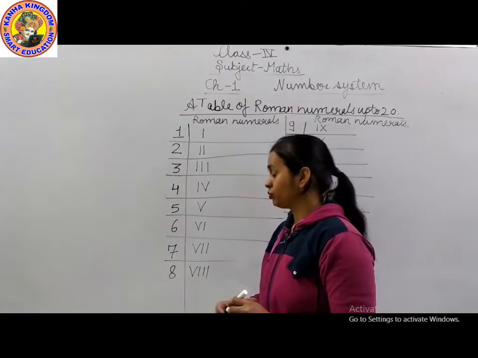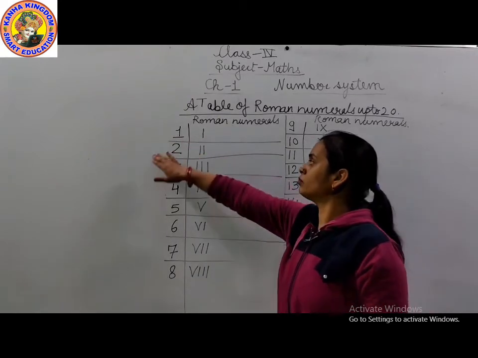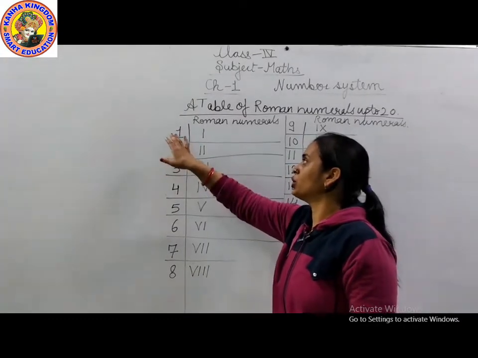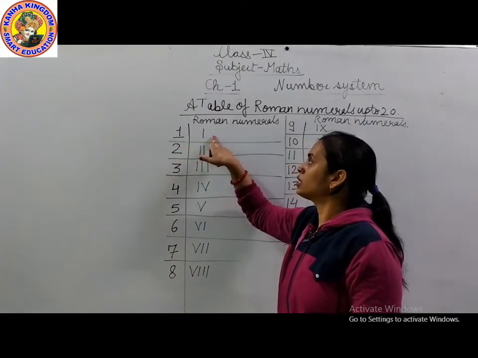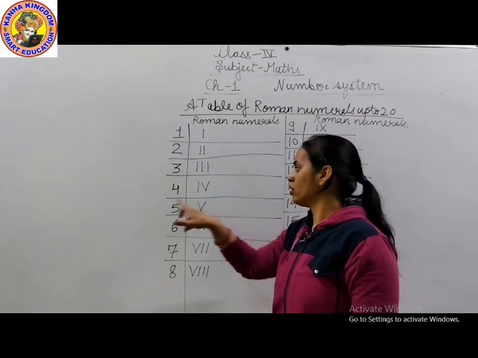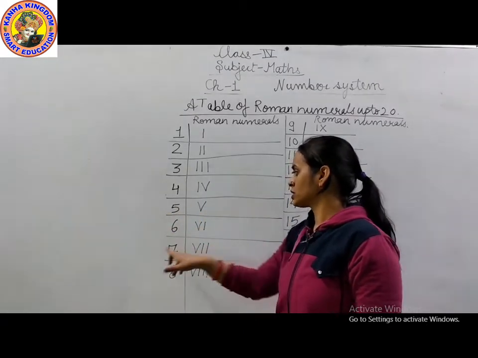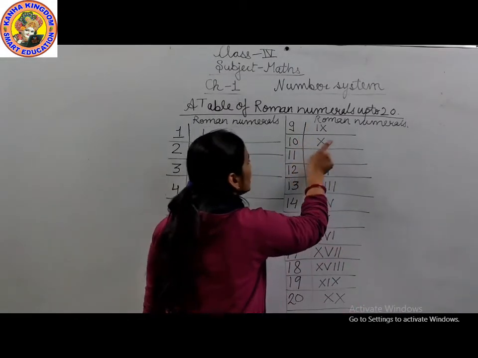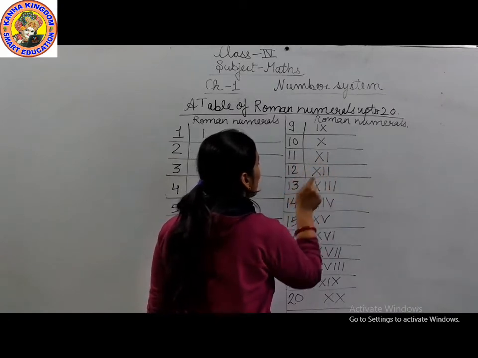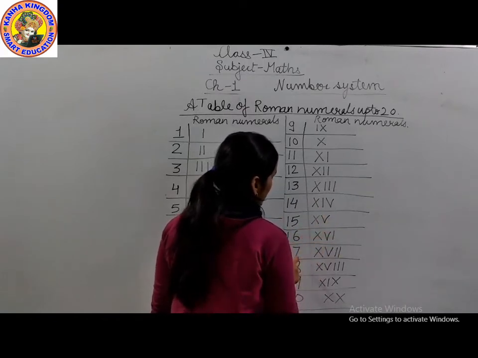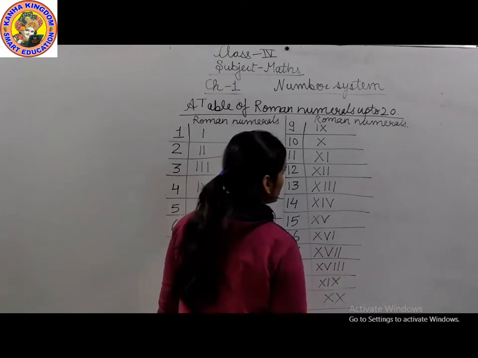Okay? So we write the numbers and in the next column we write the Roman numerals of the Hindu-Arabic numerals. So we write 1 like this, 2, 3, 4, 5, 6, 7, 8, 9, 10, 11, 12, 13, 14, 15, 16, 17, 18, 19, 20.